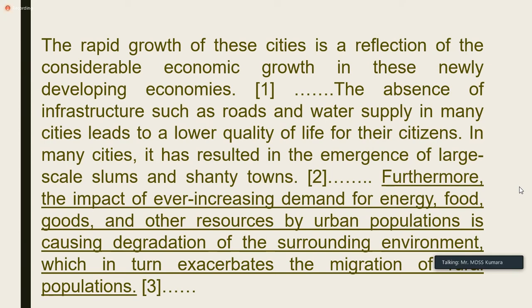Read the sentence and tell me. Does this sentence say something like the urban populations need food?